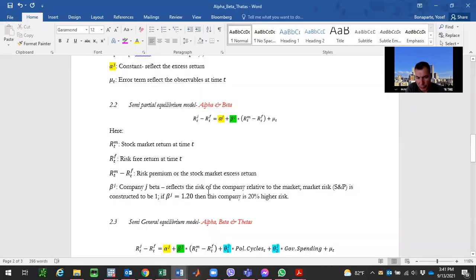So beta J reflects the risk of the company relative to the market. Market risk, the S&P, is constructed to be 1. If beta J is 1.2, then this means that company J's risk is 20% higher than the market risk.